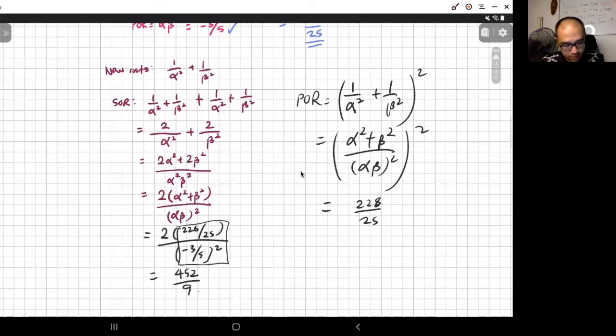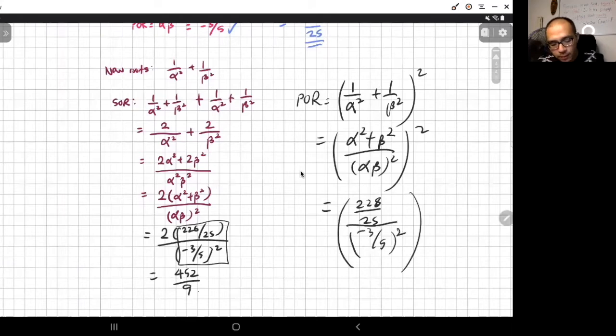Hold on. 452 over 9, over -3 over 5, the whole thing squared. Then you square the whole thing lah. So what you will get is a very big number, 51076 over 81, I think so. 226 over 25 divided by 9 over 25. You square the whole thing. Wow. I can't even, oh, sorry, hold on.